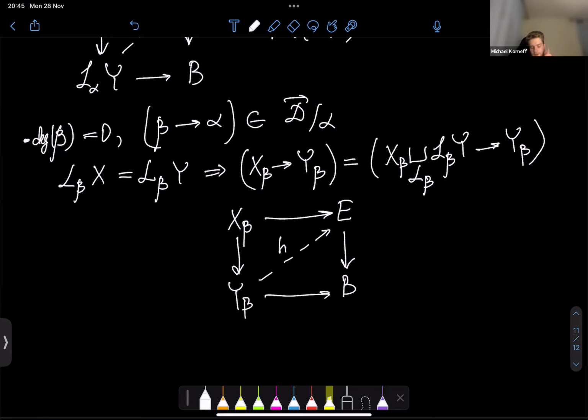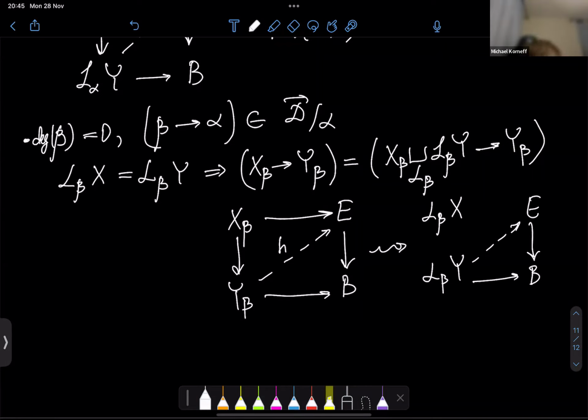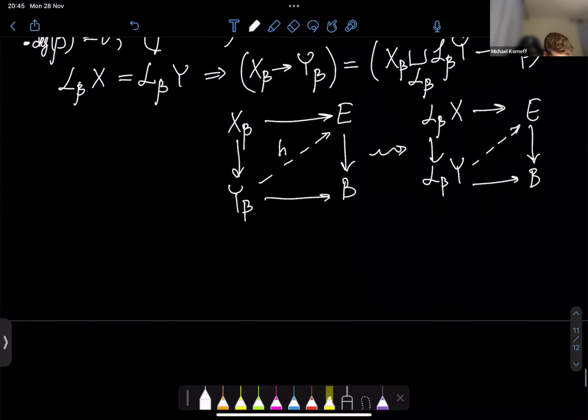So we have lifting in this diagram, and it follows that we have lifting in the diagram with latching objects, from the definition of latching objects. It produces the following lifting. And so we are done in the base case.